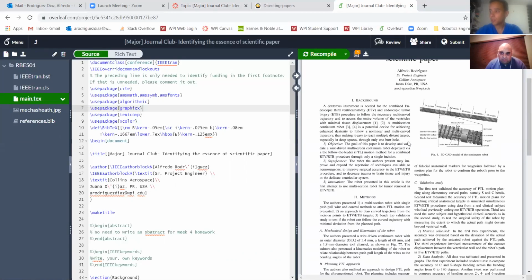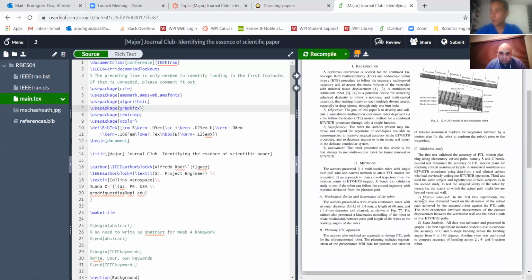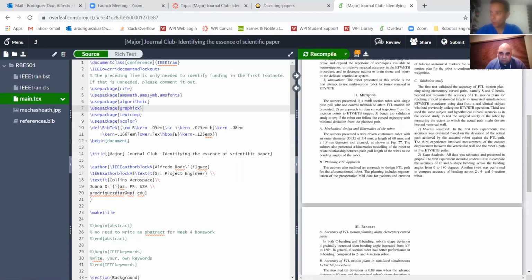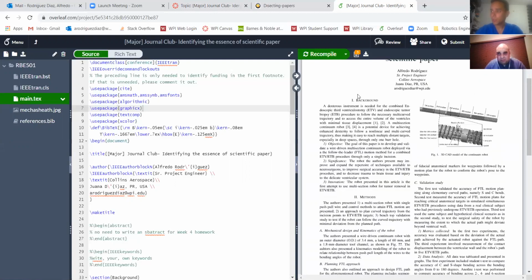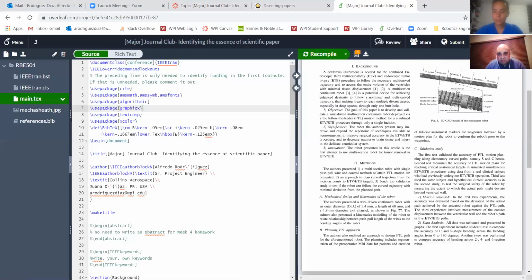So my question is, can we deviate from this format a little bit? For instance, if we want to talk significance, we could have a section that states significance and another one that states innovation of the paper. You see what I mean?